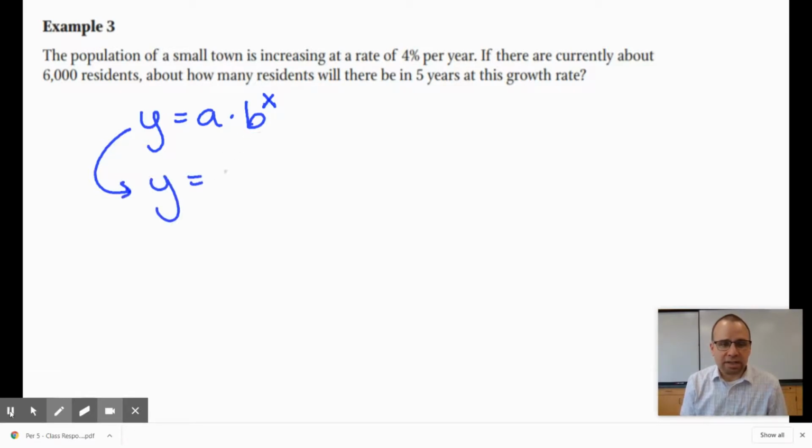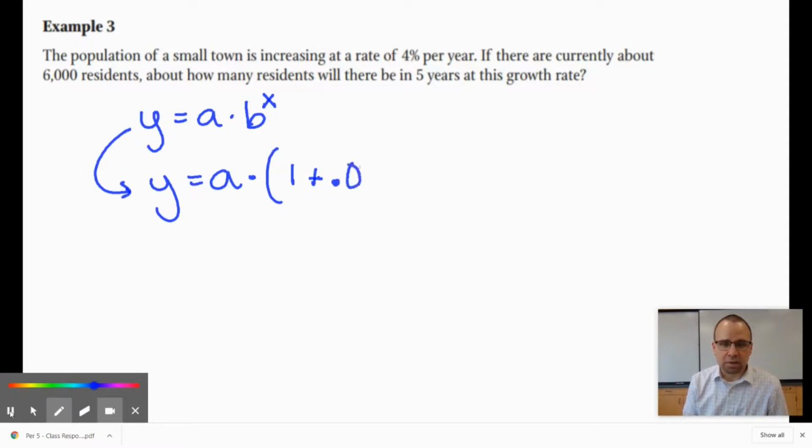Now remember, if you don't want any growth or any decay, it's actually going to be just 1. But we want this thing to grow at a certain percentage rate, which is 0.04. So we're going to be using, let me write the equation out.